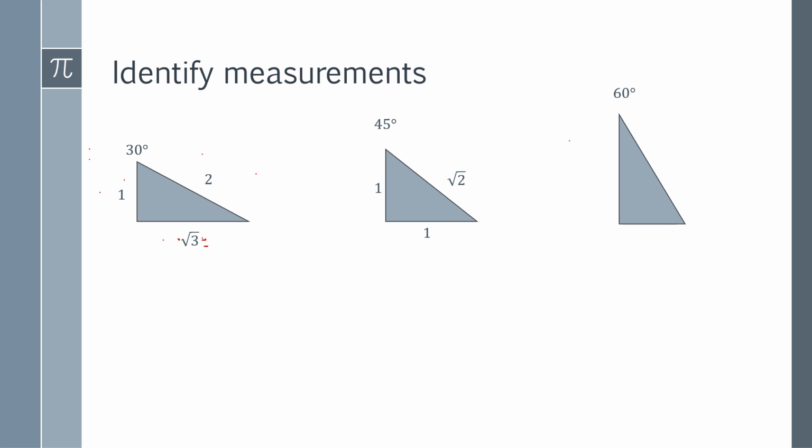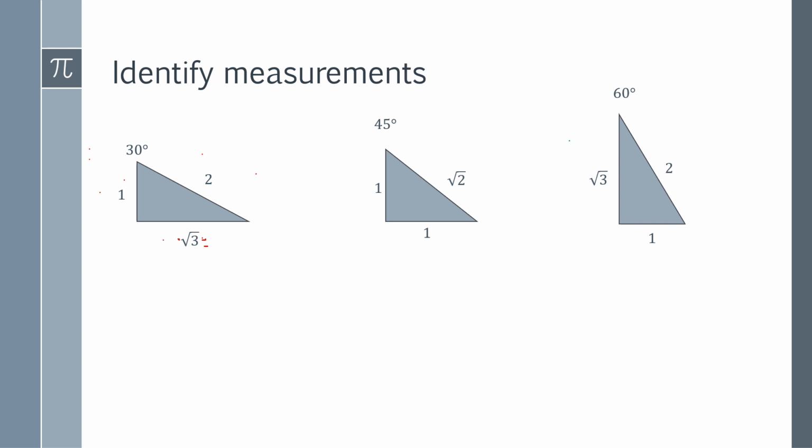So that means that the long leg is square root of 3, and that is now your opposite leg. And your short leg is just 1, and we know that the hypotenuse is the same as it is for 30 degrees, which is just 2.